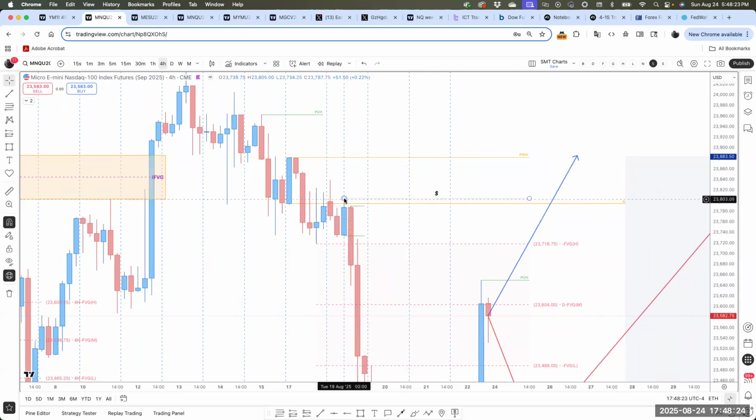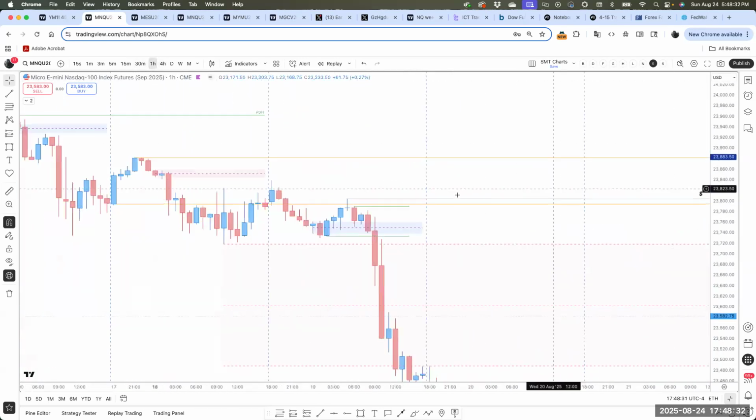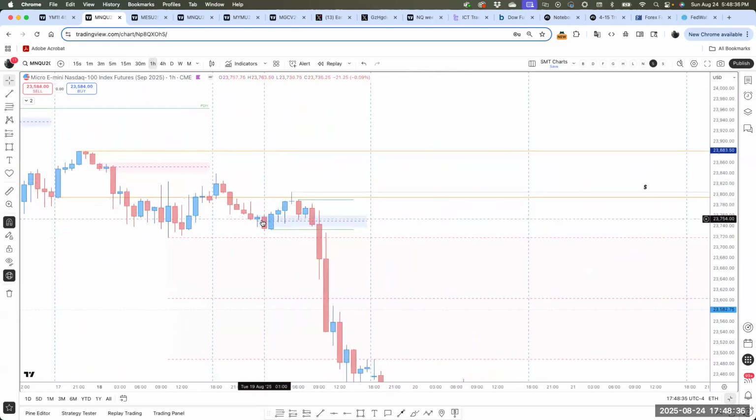So if I got the high of the 6 a.m. candle, which is this high, the low of it is right here. What's inside of that body on Tuesday? Midnight opening candle still inside, right? So here we are right here, right?